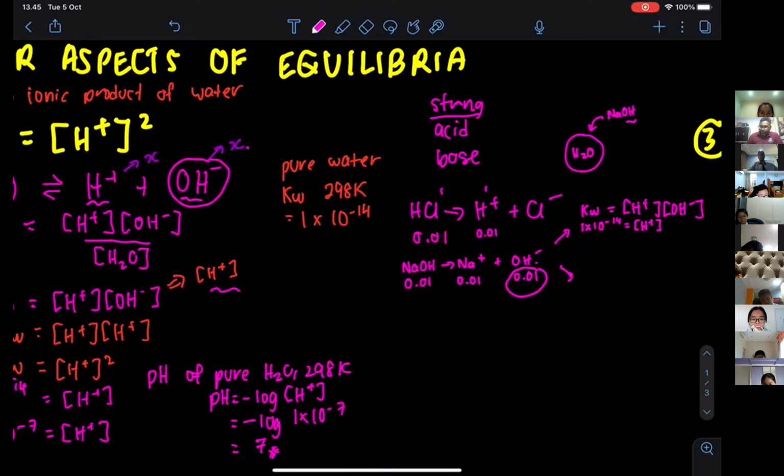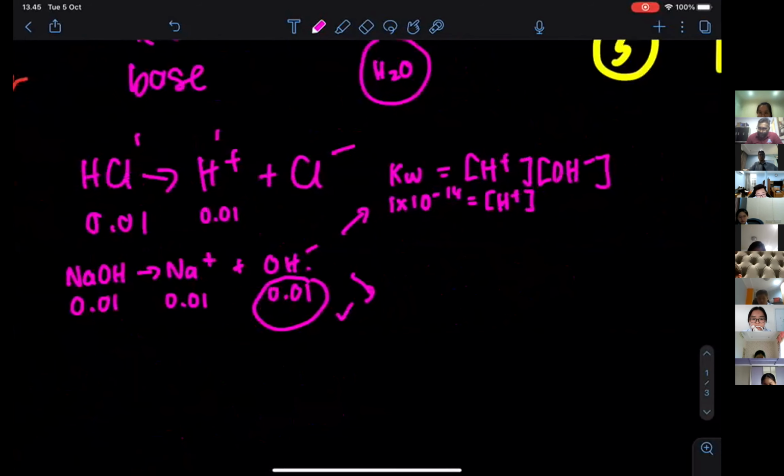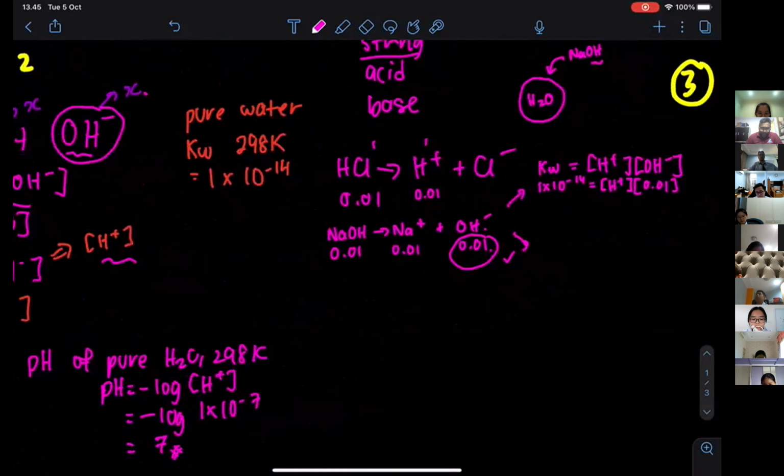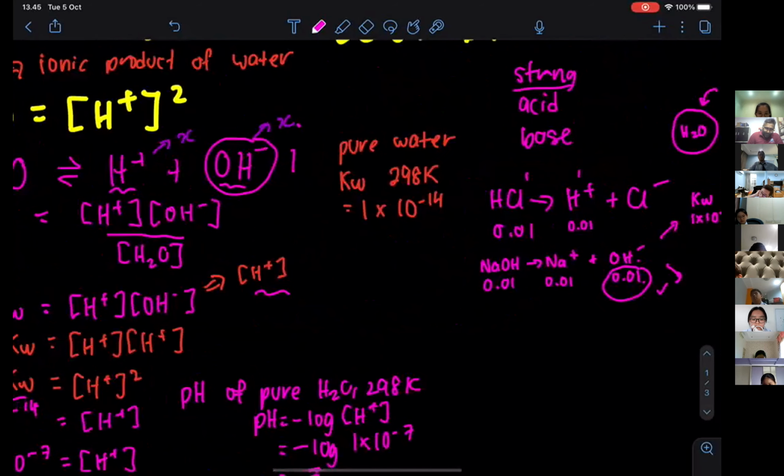We are just going to take all the OH as coming from the NaOH. So I'm not going to worry about the OH minus from water. It's too little, so they just use this 0.01. Why do they use that? Because generally when you have this water, when OH minus is increased, why?